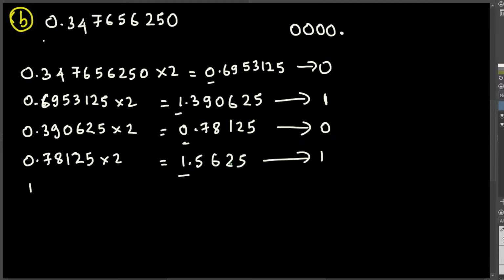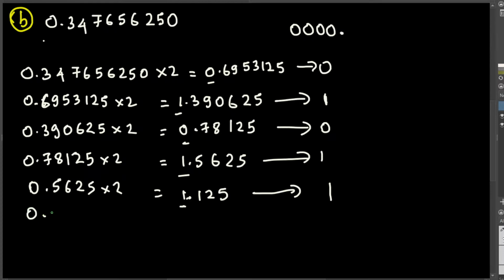Then we look at the value after the decimal point, that is 0.5625, multiplied by 2, that is 1.125. That is 1 right here.